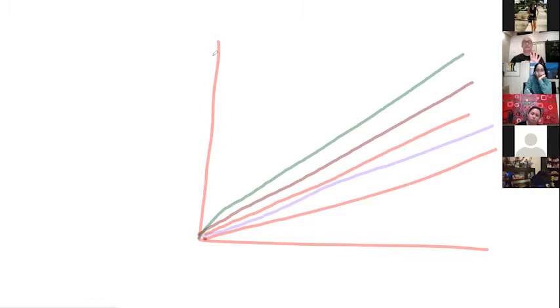We should get a bunch of straight lines, all with slightly different slopes. And the slope should increase as we increase the amount of sucrose.